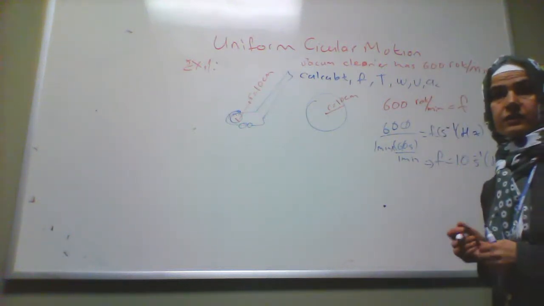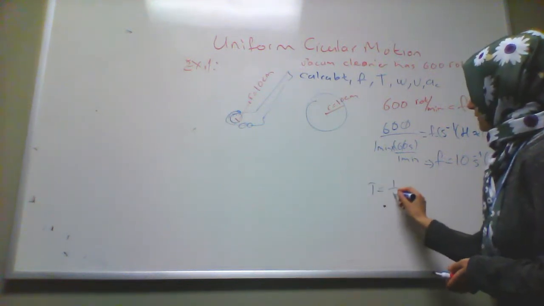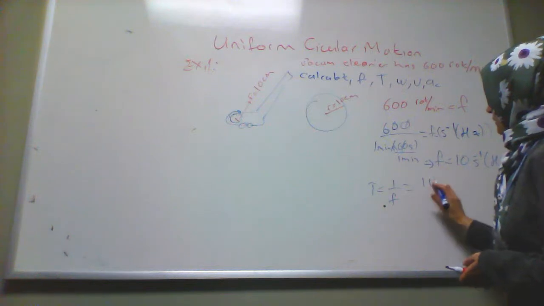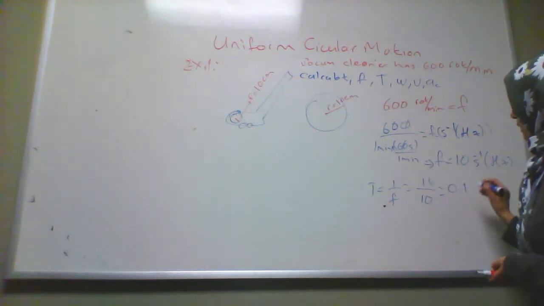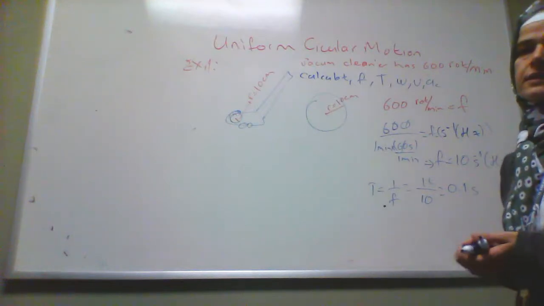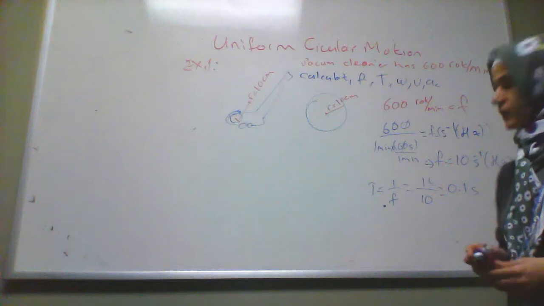If I know frequency, I can get to T easily because T, the period, is equal to 1 over F, 1 over 10, 0.1 second. So in 0.1 second, we have 1 full rotation for the vacuum cleaner.